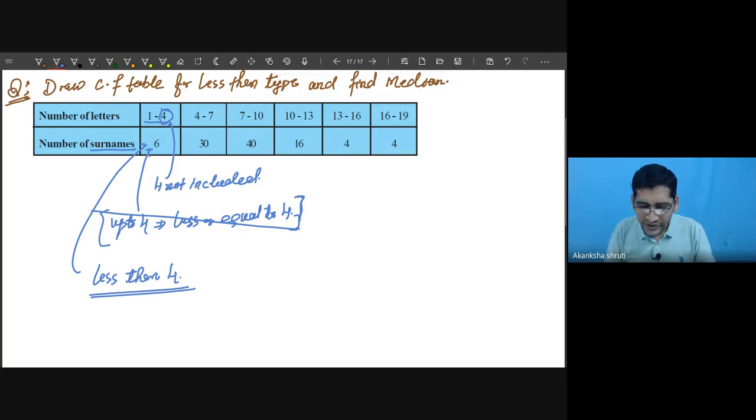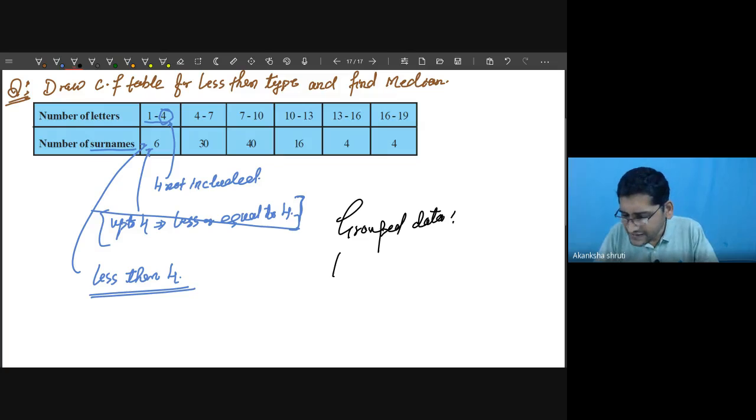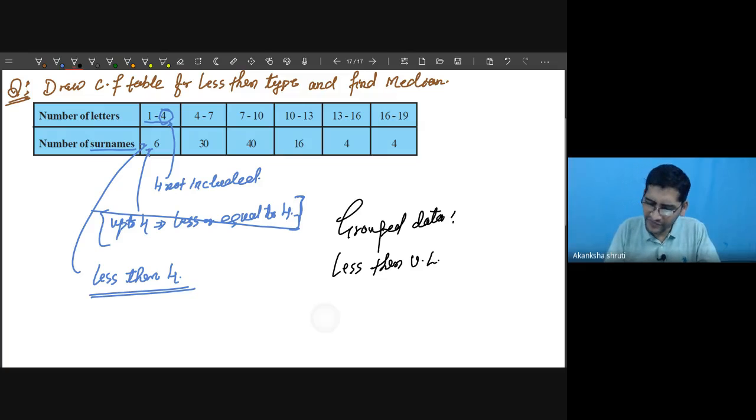So therefore, for the grouped data, we have less than the upper limit. First, this way we can express.